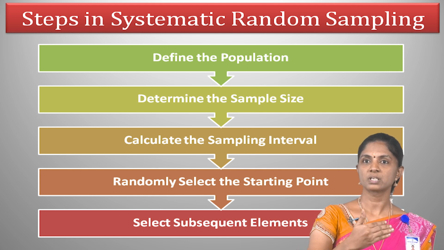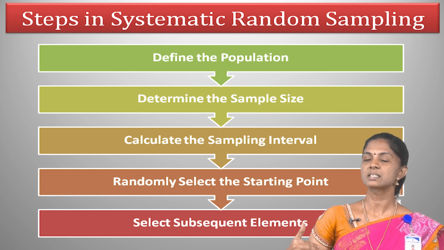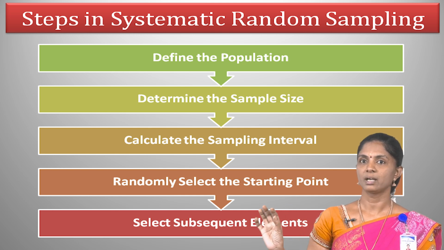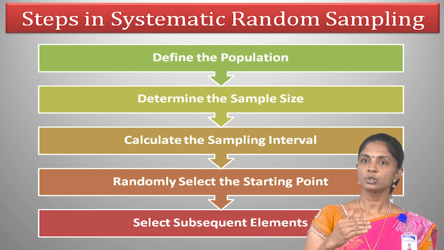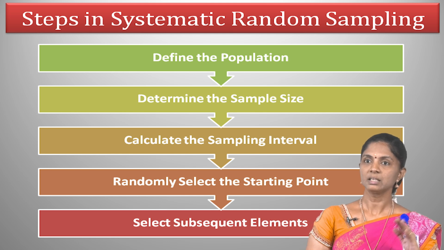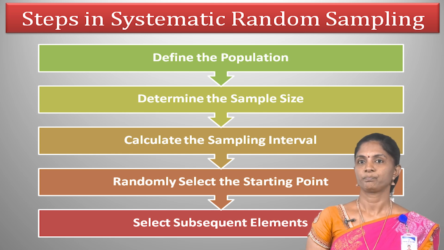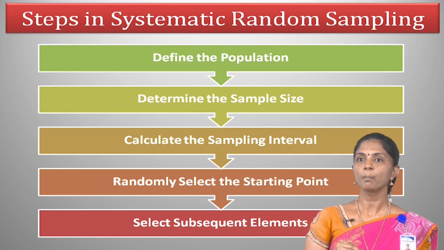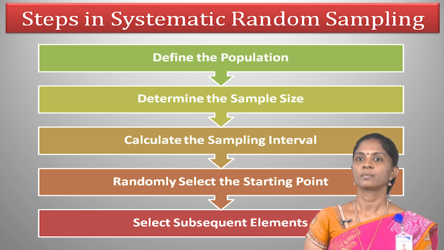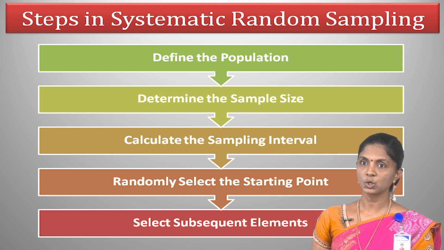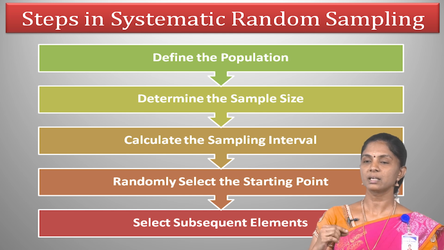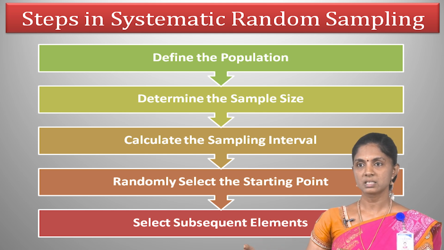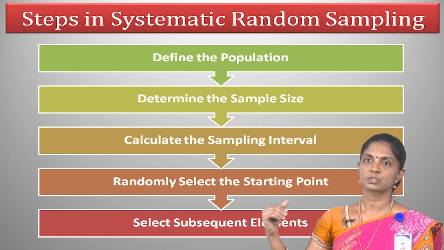Divide the population size by the desired sample size, then you find the interval k. Fourth one, randomly select the starting point. Choose a random starting point between 1 and k. Select the subsequent elements. Select every kth element from the starting point until the desired sample size is reached.